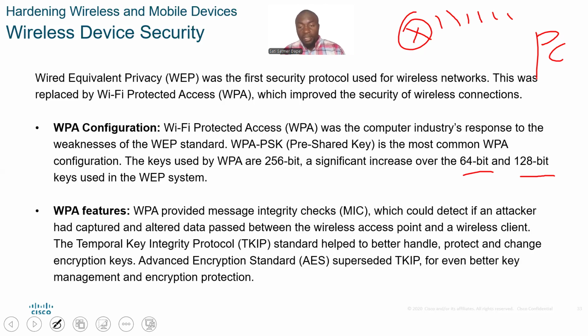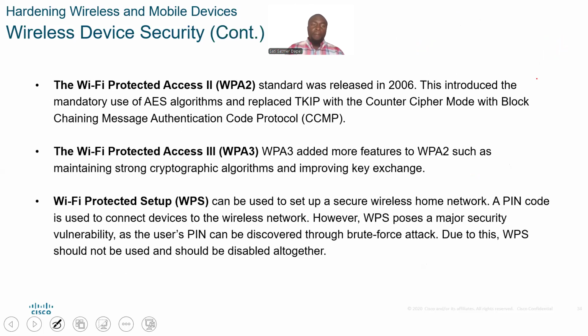It supersedes TKIP for even better key management and encryption. So what we are saying is that if you're configuring your access point, the encryption you should use for your password is AES, not TKIP.